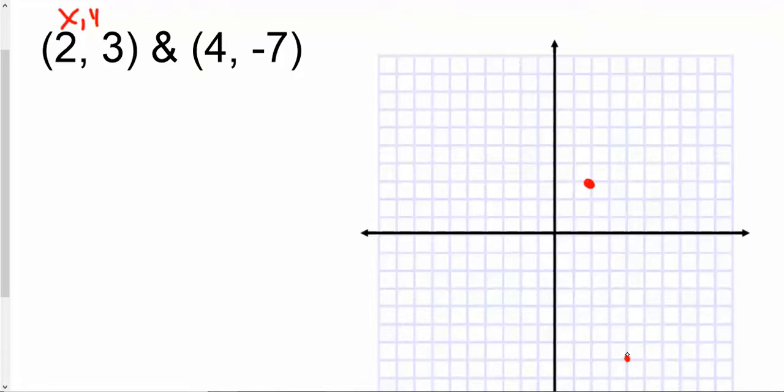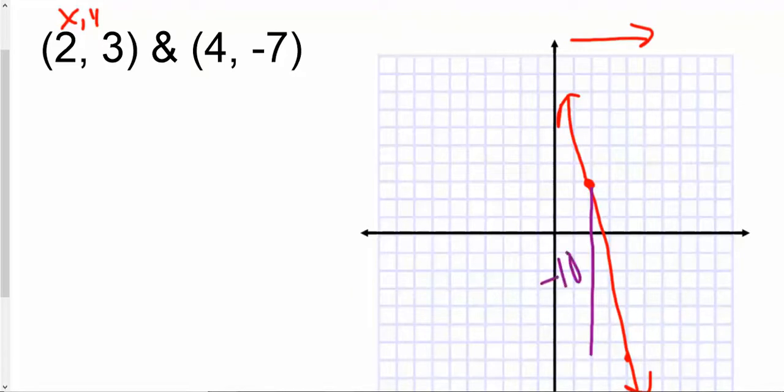And we realize right now, if I were to sketch a line, looking from left to right, our slope should be negative. So I'm going to show us 2 ways we can do this. We can say, how many units did I go down? I went down 3, 6, 9, 10. So I went down 10. And then I went to the right 2.